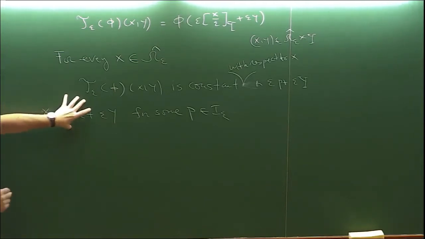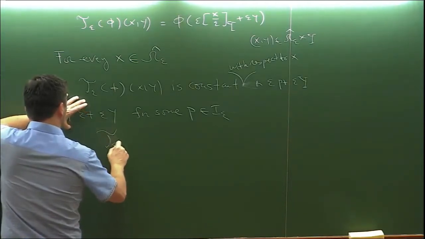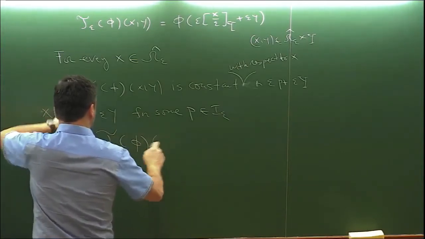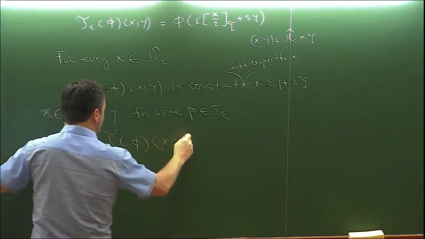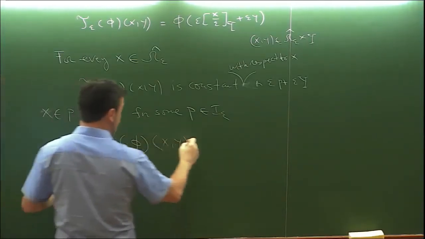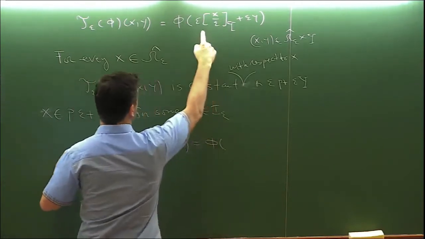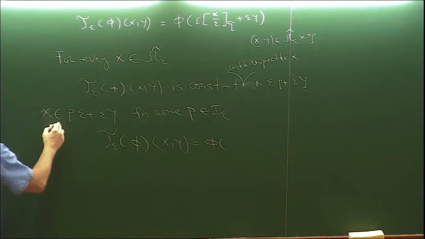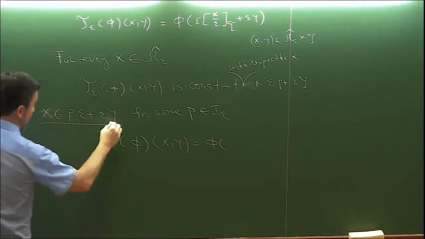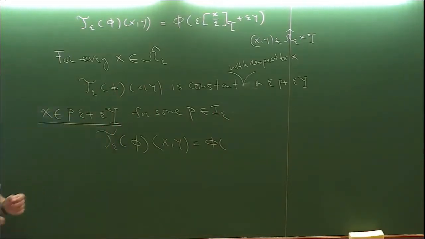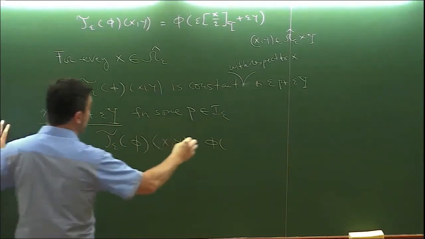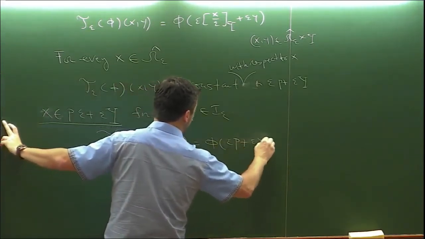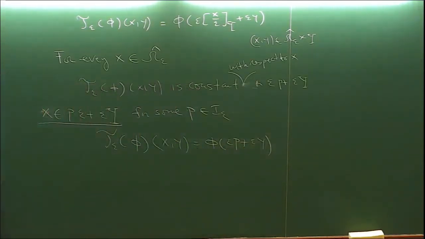The minute I'm focusing on that cell, T epsilon of phi in x and y on this cell is phi. What is the integer part of x over epsilon? Well, if you have x to be in the epsilon p plus epsilon y, the integer part of x over epsilon will be p, okay? So it's phi of epsilon p plus epsilon y. Okay, so there is no x dependence.